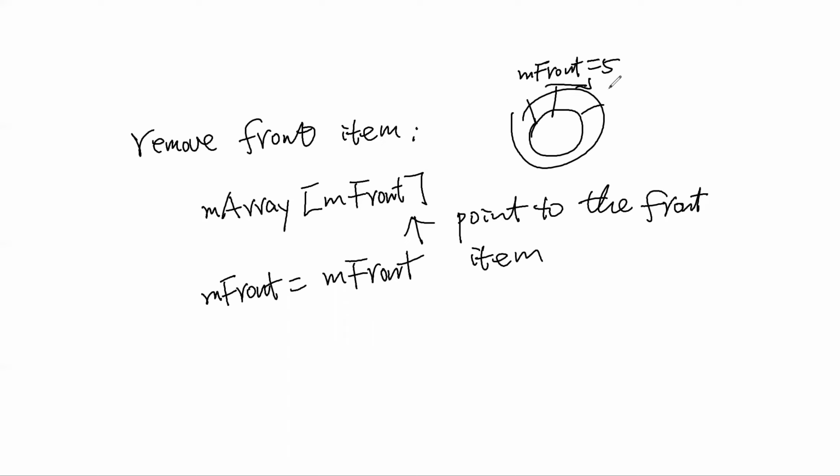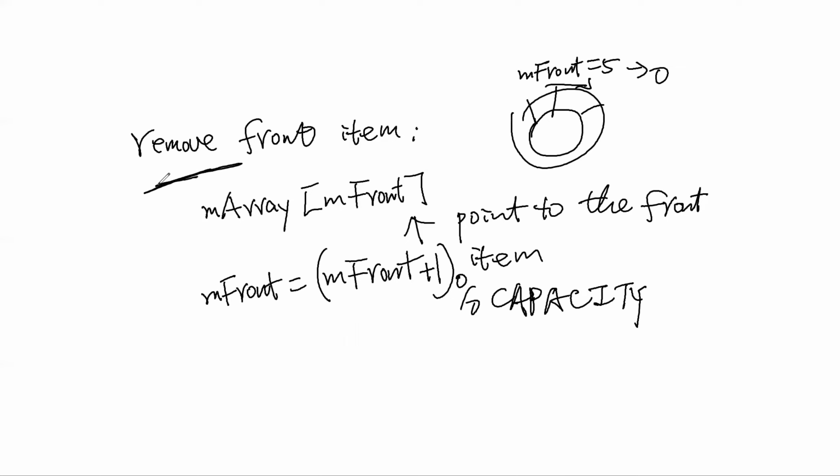It jumps back to 0. How do we do it? It's the same thing. You can do +1, then modulo capacity. That's how you remove the front item.